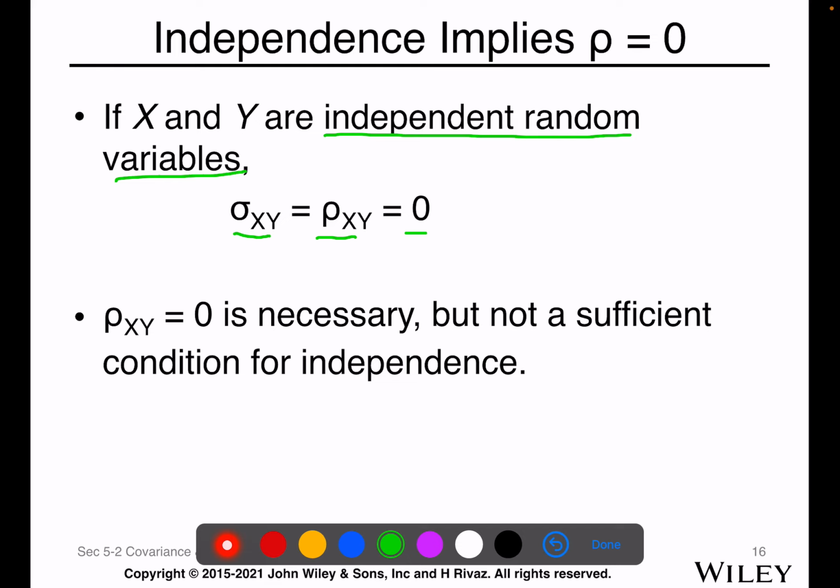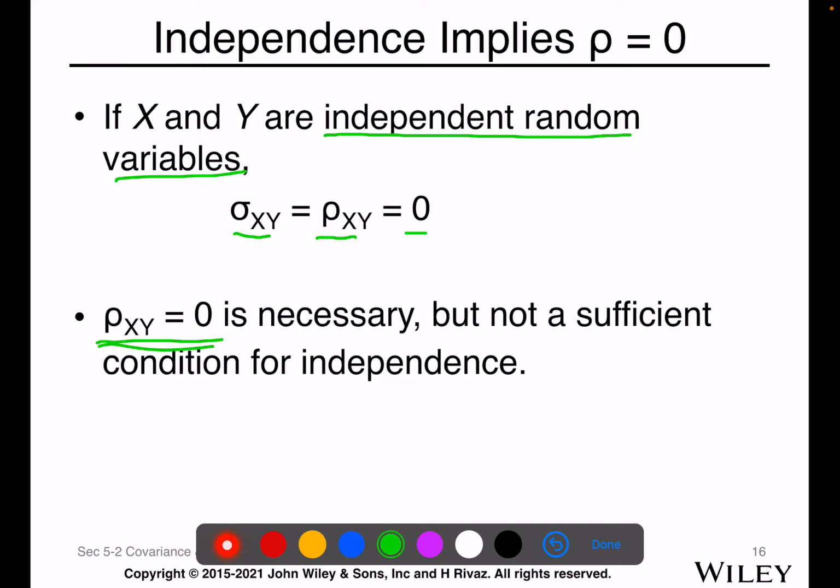So if two events are independent from each other, then the correlation between those two events is zero, right? But the other way around is not correct, right? You can find random variables that have a zero correlation and zero covariance, obviously, but they are not independent. They are dependent on each other.